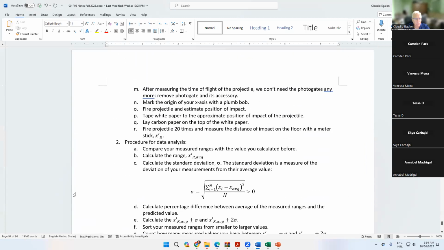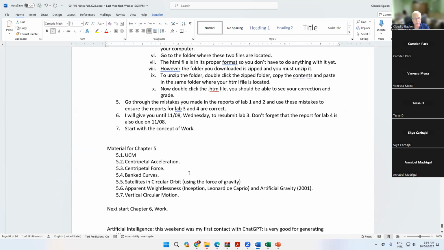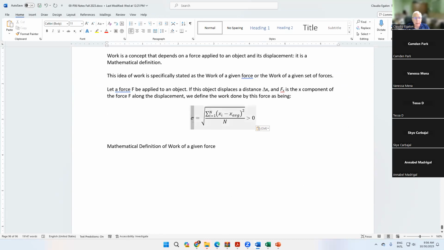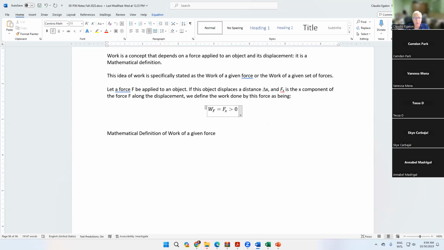here you go, my equation here. Work done by force F is going to be F sub x times delta x. That's the mathematical definition.